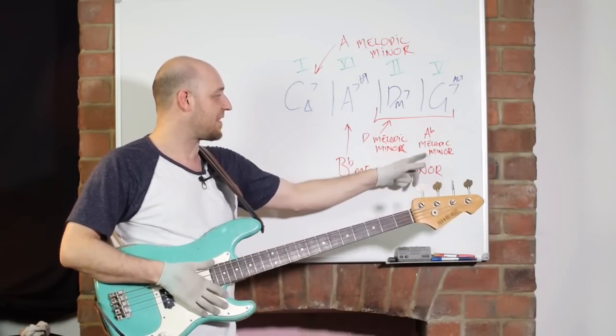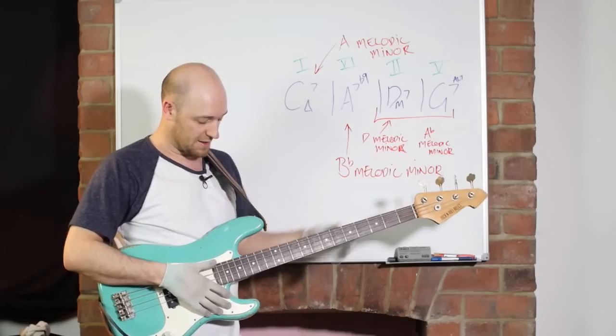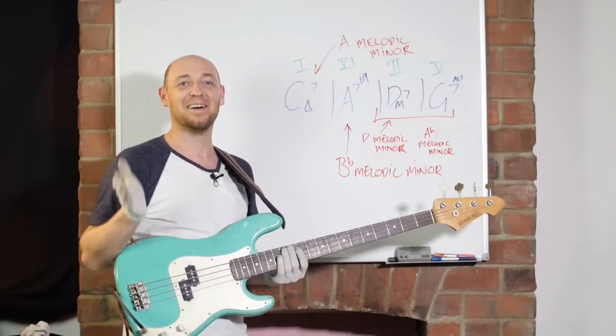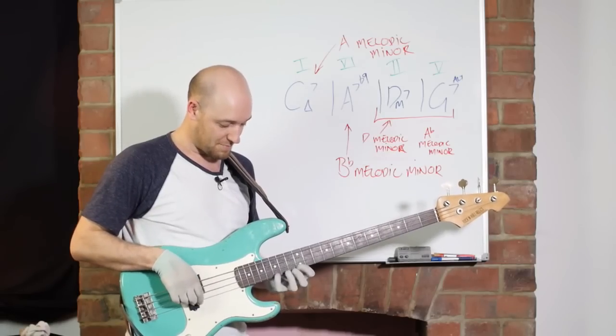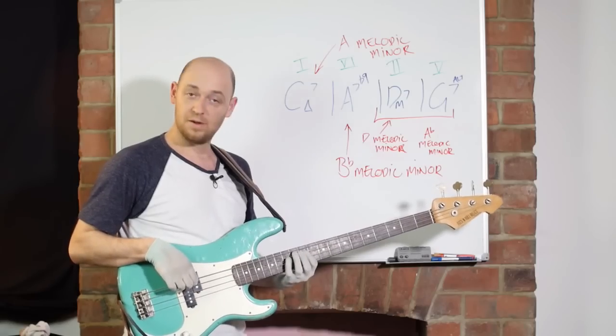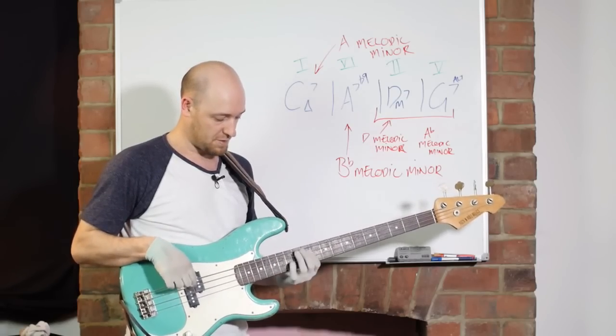So let's go back to the A flat melodic minor, right? A flat melodic minor or A flat minor major 7. That was the sound.